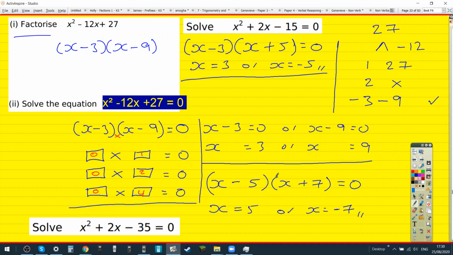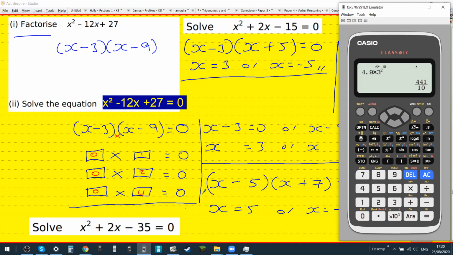And you could actually check your answers, I suppose. So we said x could be 5. So we could put in 5 squared plus 2 times 5 minus 35. So instead of x, we put in 5. If x is 5, what answer should we get?